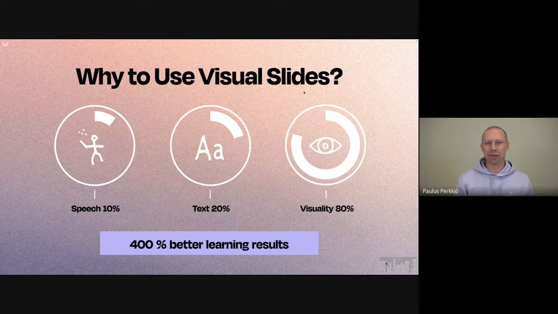But if you can use some visual content like this kind of visualization, it means that people, generally speaking, will understand 80% of what you are trying to tell. So from 10 to 80%, it's 8 times more.